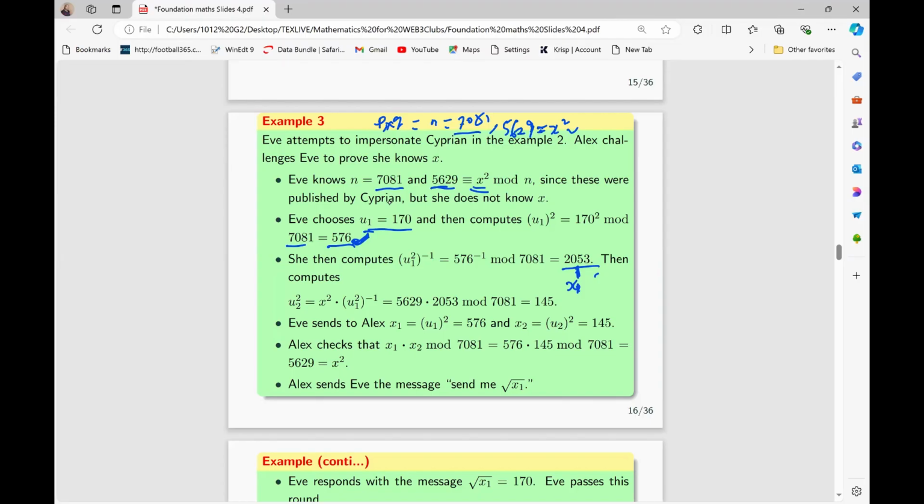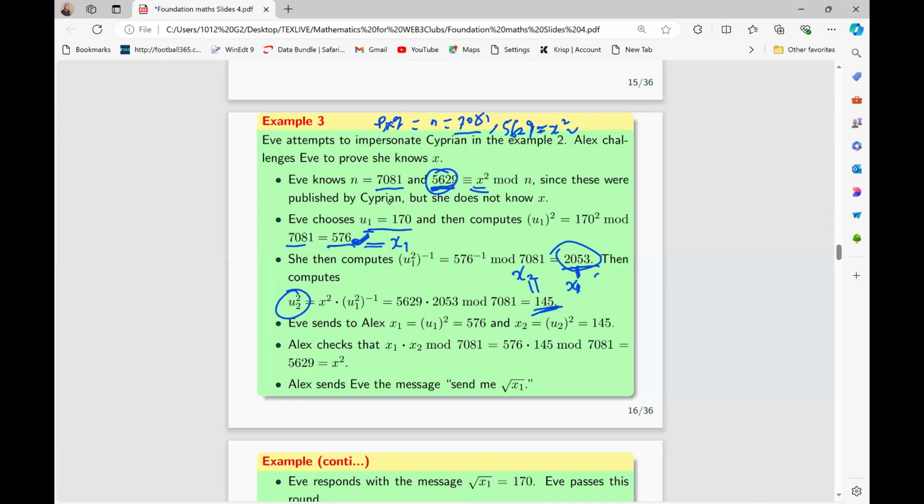After getting this inverse, you get the square of U2 by multiplying this inverse by x square. So this inverse multiplied by x square gives you the square of U2, which is 145. This is what she calls x2. She sends x2 and x1 to Alex.